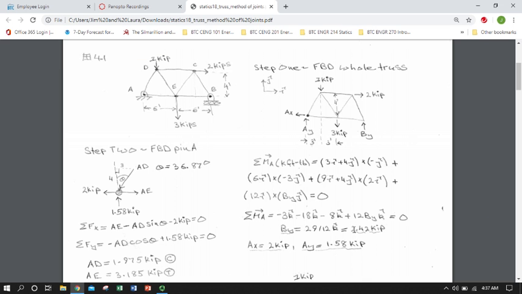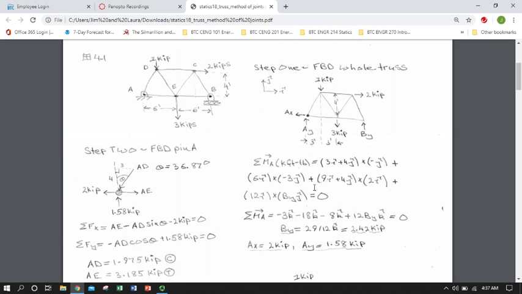Then I plug that back into my sum of the forces in the x and sum of the forces in the y, and I get A sub x of 2 kips, which is balancing just this 2 kip externally applied force, and 1.58 kips for the vertical y support reaction.